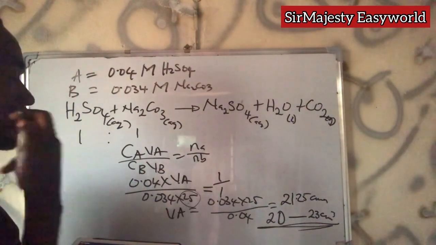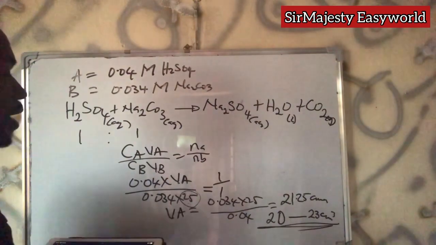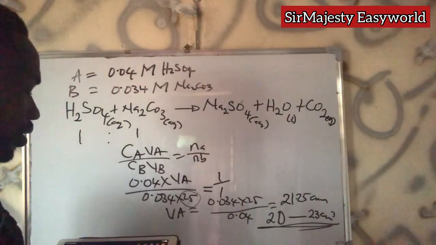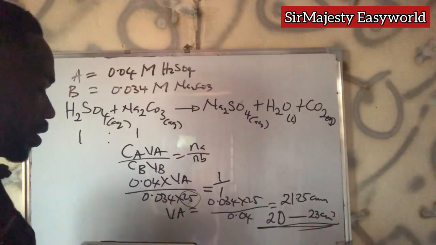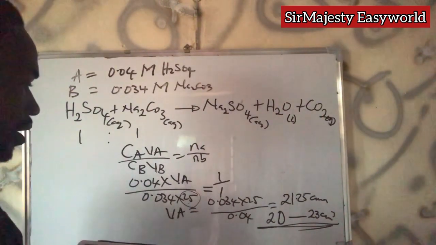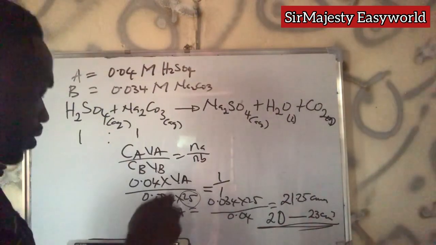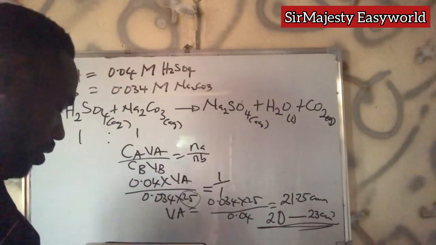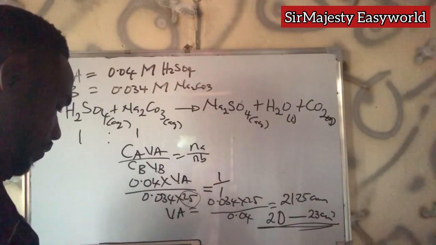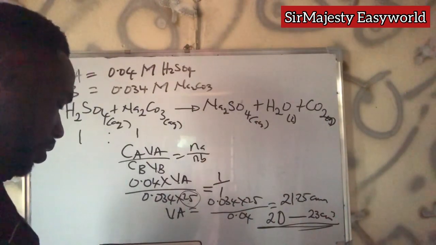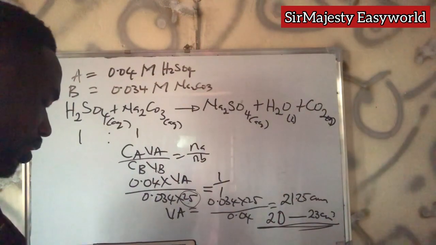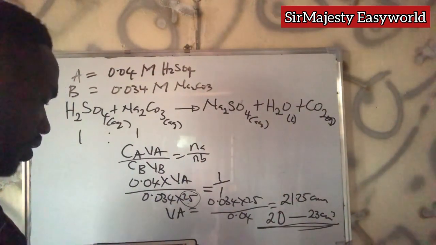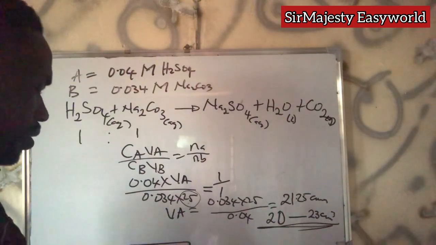But when your VB is 20, that's when the volume of pipette you use is 20, the correct range of endpoint is going to be around 16 or 17. So we do the same thing, 0.034 times 20, which is 0.68, divide now by 0.04, which is 17 on the dot.